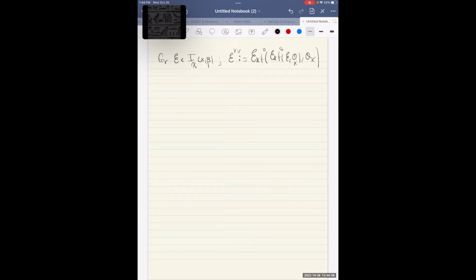This is what is called a reflexive sheaf of rank 1 with trivial determinant.